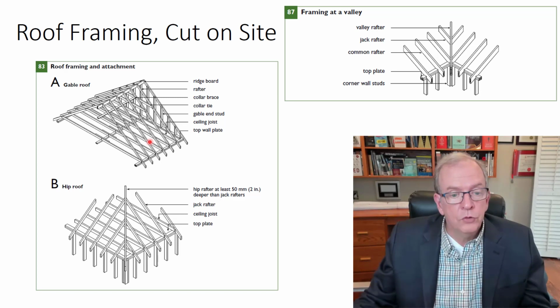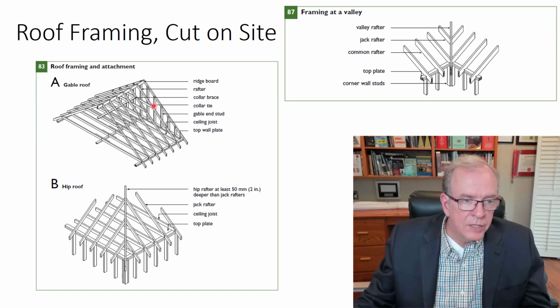There's a bunch of terminology that is used for this. And so we have, again, our common rafter, which is the rafter that goes from the top plate directly to the ridge. The ridge is what joins the rafters on both sides. This is basically a gable roof. You've got a common rafter coming up this side. You see these horizontal pieces? It says collar brace, or collar tie.